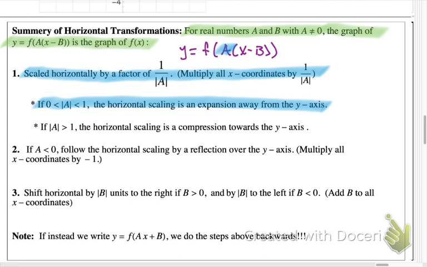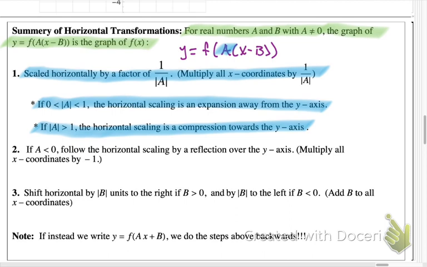If a is greater than 1, the horizontal scaling is a compression towards the y-axis. For instance, if a is 2, you're multiplying x coordinates by 1/2, the reciprocal. Making your x coordinates half as large is going to squish your graph, or compress it, towards the y-axis.